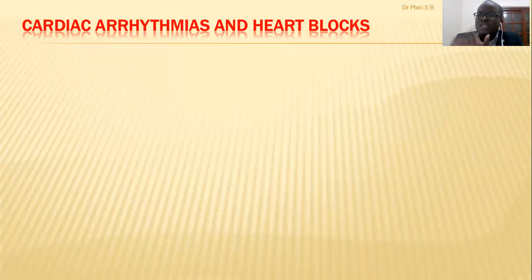Then if you have a heart rate between 250 and 350, it is called flutter, F-L-U-T-T-E-R. It means you have an increase in heart rate. Then if the heart rate increases to greater than 350, you're having fibrillations.